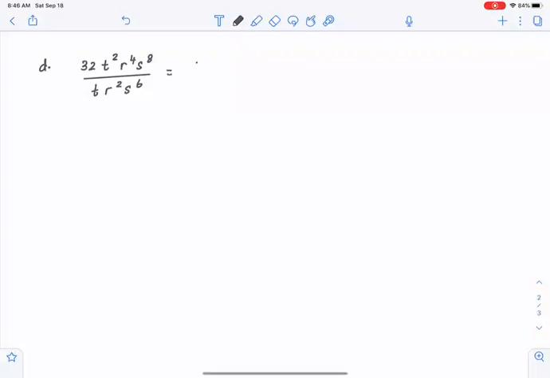So 32 over 1, group the t terms, t squared over t, r raised 4 over r squared, s raised 8 over s raised 6. 32t, numerator power minus denominator power, because t has identical bases, same with r, same with s, numerator power minus denominator power.